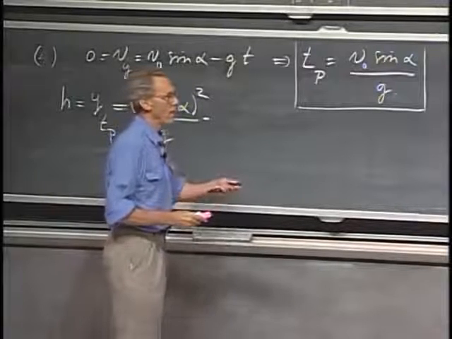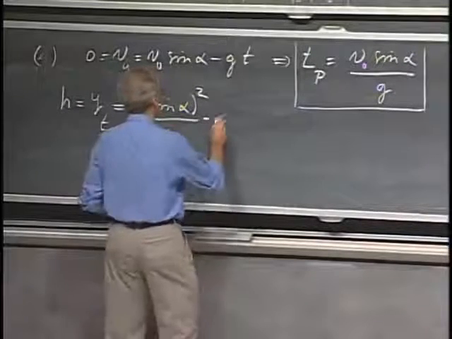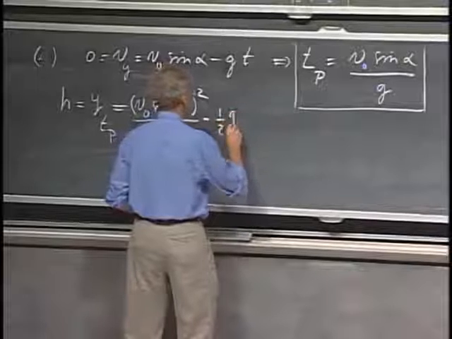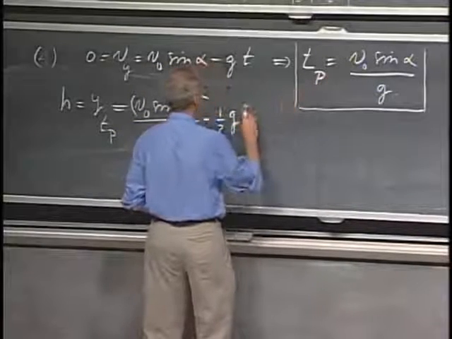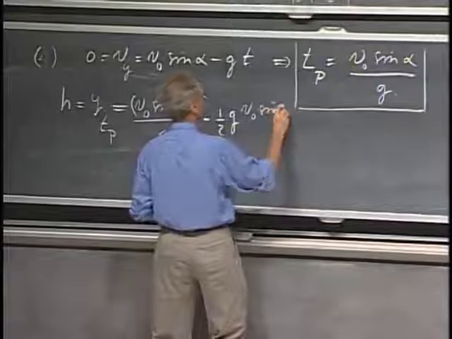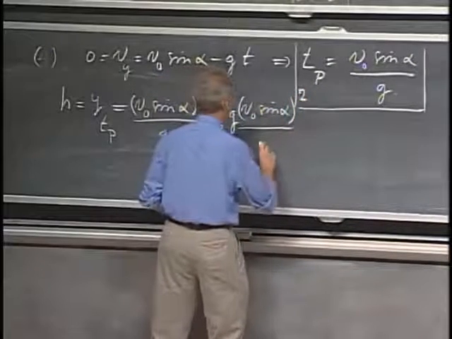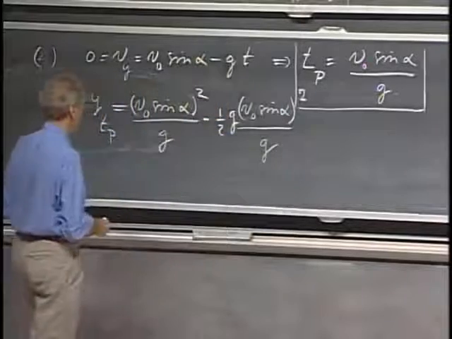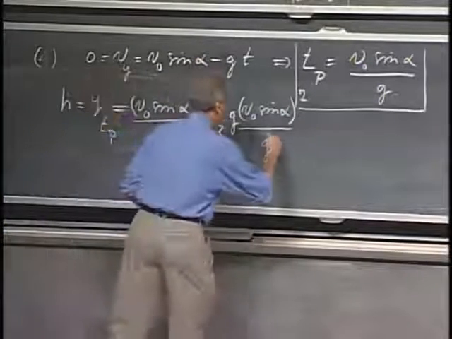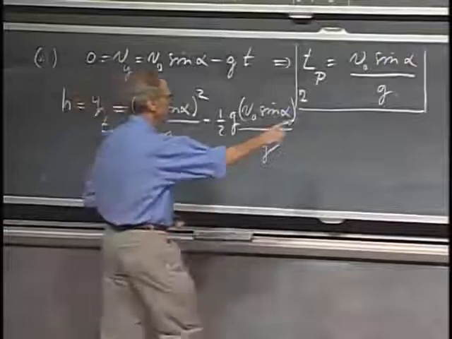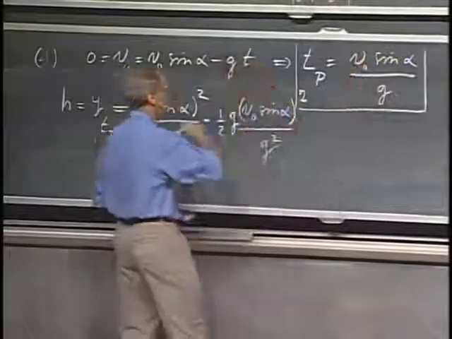This equation, minus half g t squared, minus 1/2 g times this one squared, which is v0 sine alpha divided by g, squared. Because there's a g here, you see? So you square the whole thing, it is t squared.